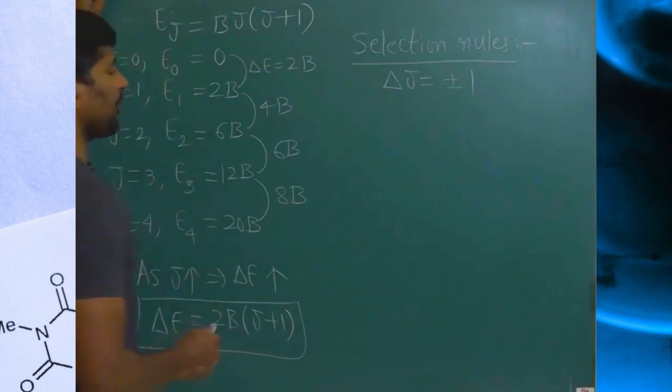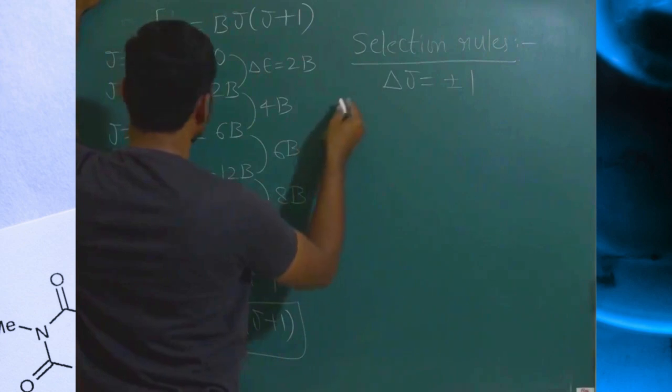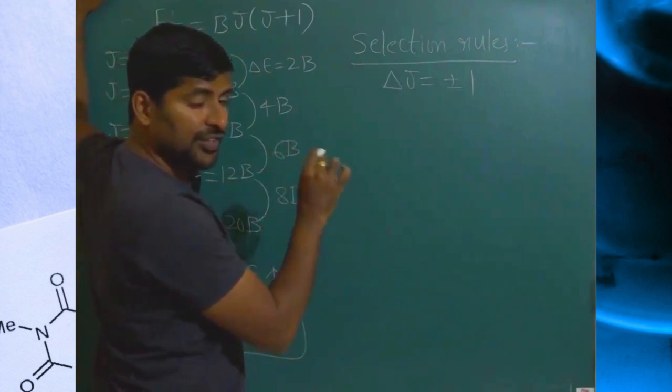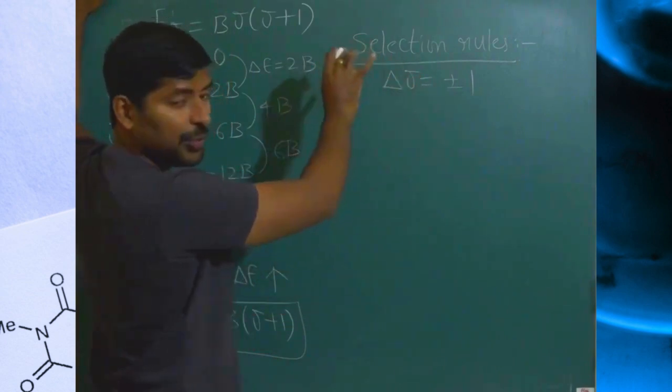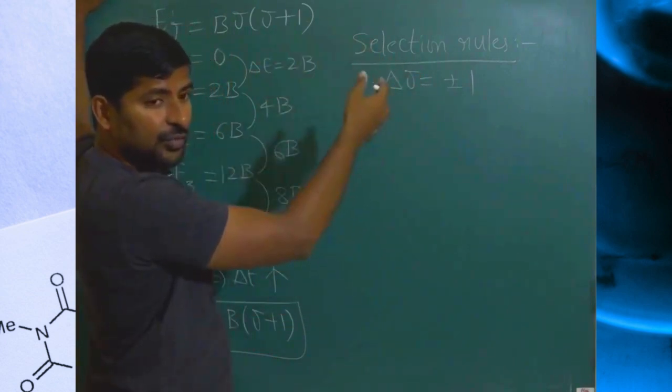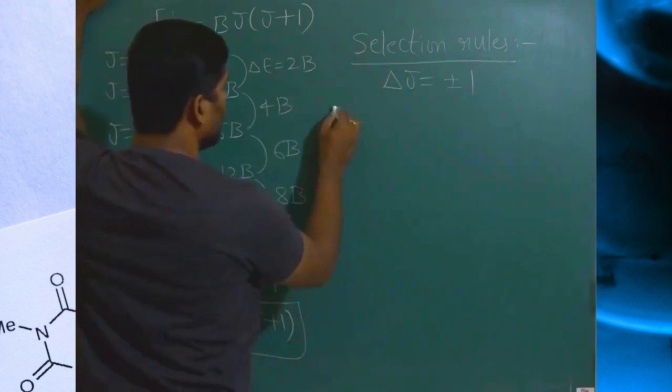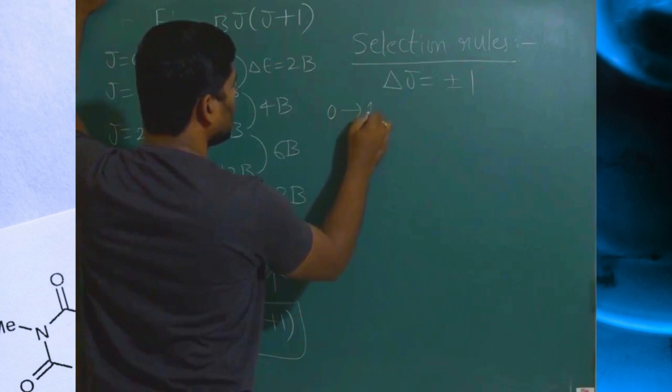Some of the allowed transitions: the transitions which follow the selection rule are said to be allowed transitions. The transitions which do not follow the selection rule are called what? Forbidden transitions. So if you take 0 to 1, is that allowed or not?